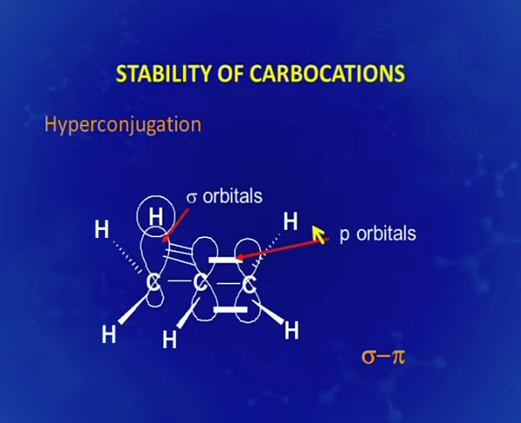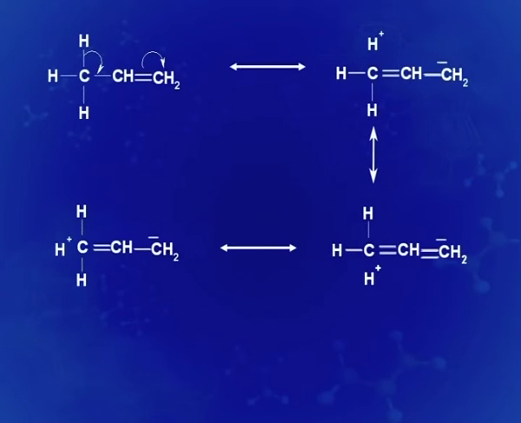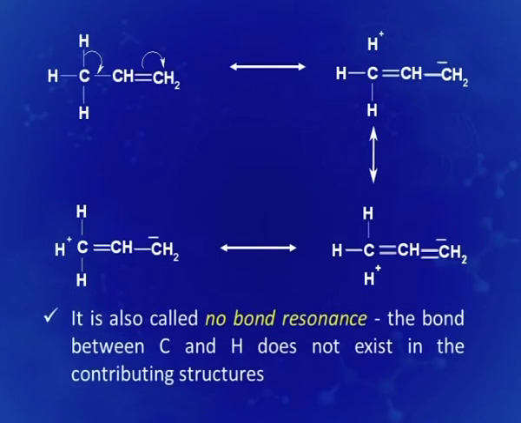If we look into the resonating structures of this, we will find that the hydrogen atom which is contributing to the resonance of this particular molecule with a pi bond does not have a bond in between. Therefore, we call it no bond resonance.